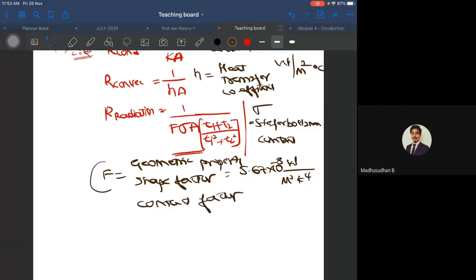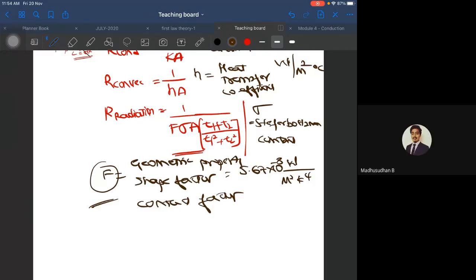Just remember that the value of F governs the geometrical proportions through which radiation heat transfer will occur. I have explained this, right? How the geometry of a surface affects radiation heat transfer. Have I explained or not?